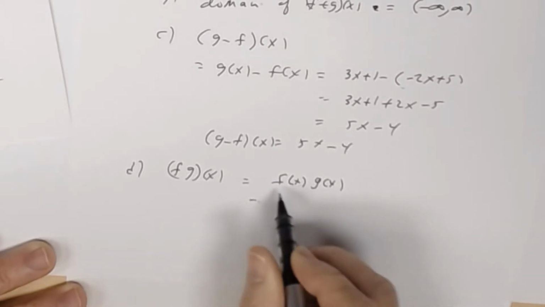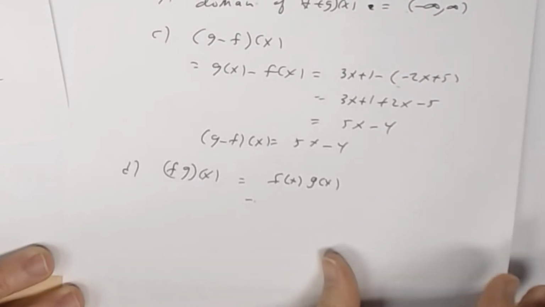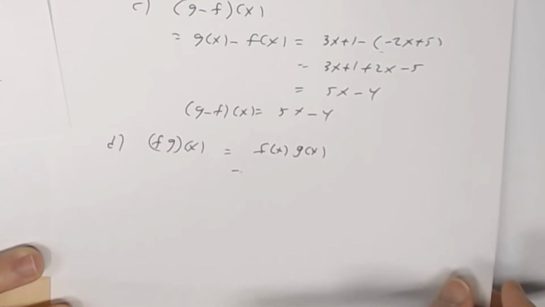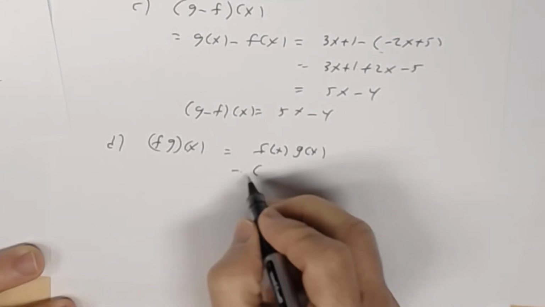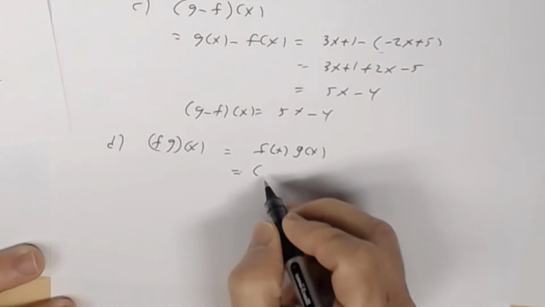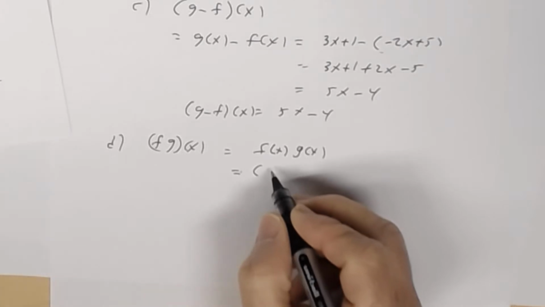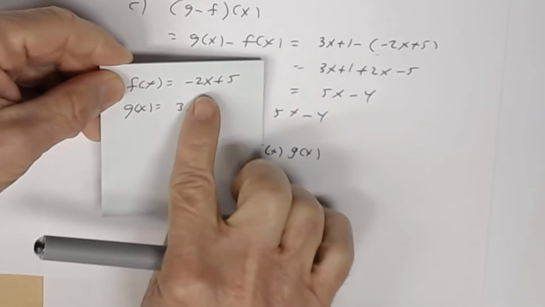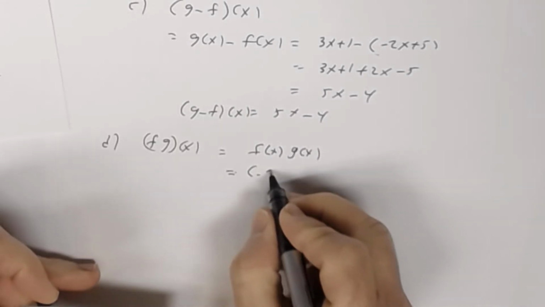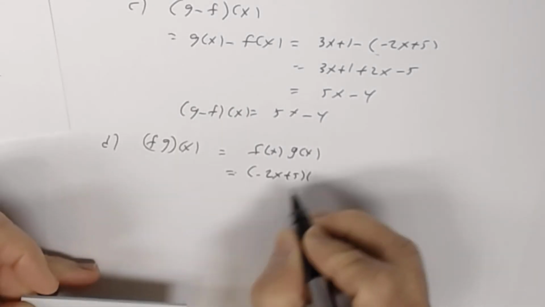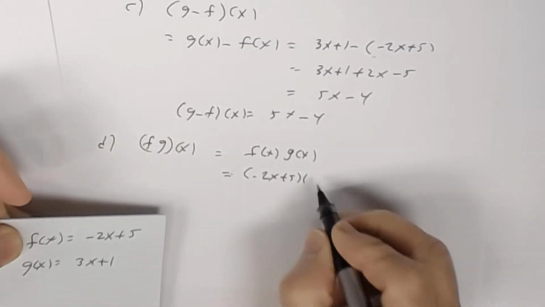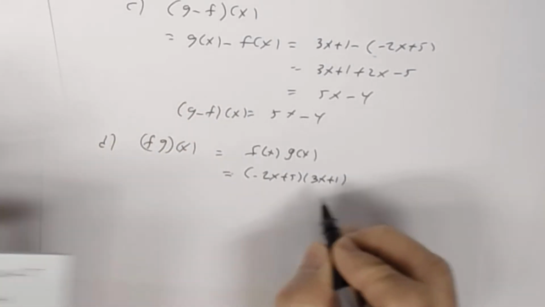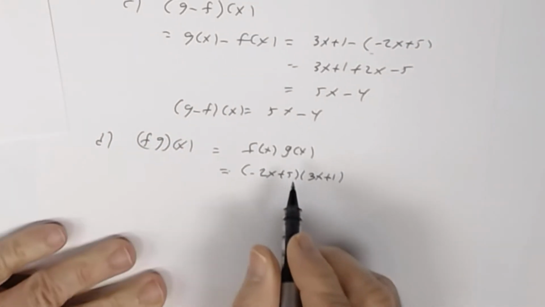And remember, with multiplication, you need those parentheses as you go through this. So f of x is negative 2x plus 5. g of x is 3x plus 1. Notice the parentheses, and I'm multiplying these two binomials.